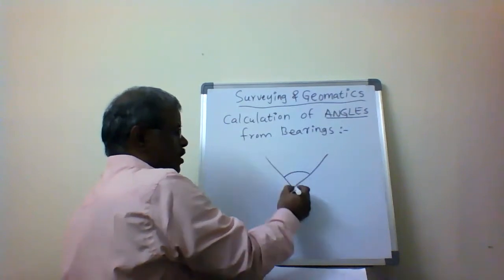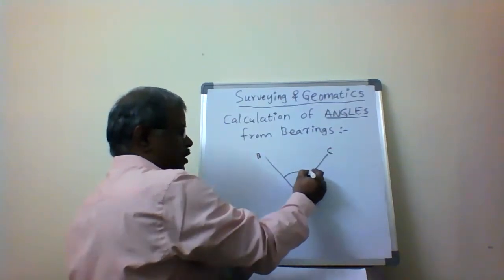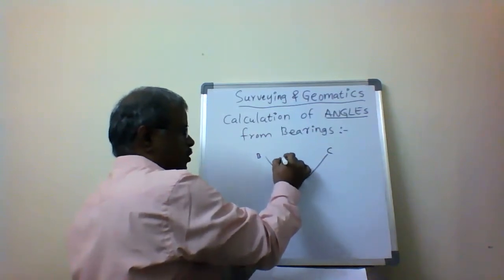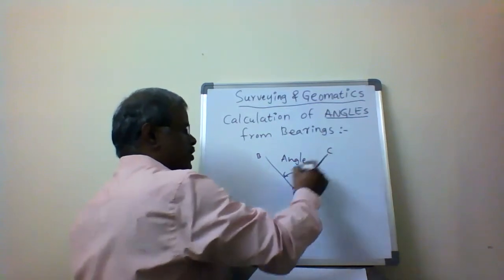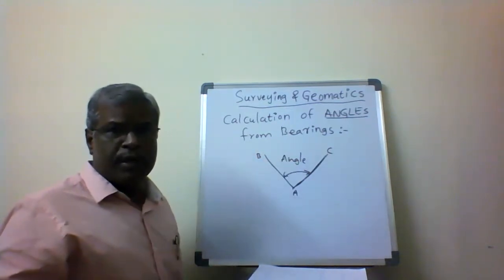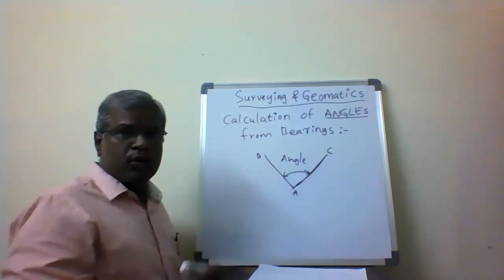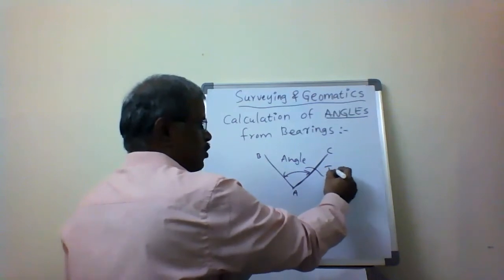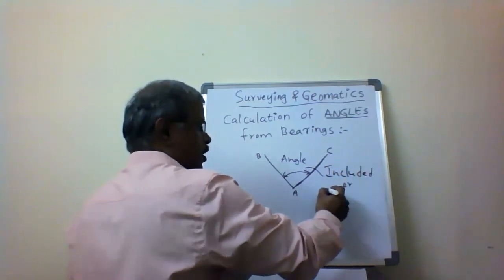This is A to B and this is A to C. A to B and A to C are the bearings. From that I calculate this angle, which is called the included angle or interior angle.